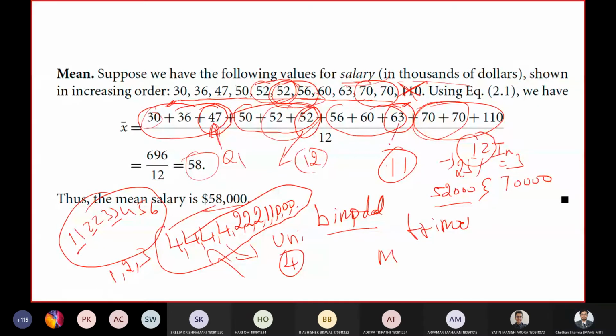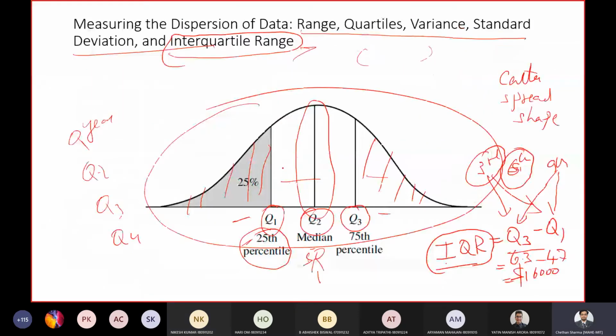This is Q1, this is Q3, 52 is Q2. What does quartile 2 signify? Median. Quartile 2, as I told you, is the median. So the median of the data is 52. That is your 6th value.